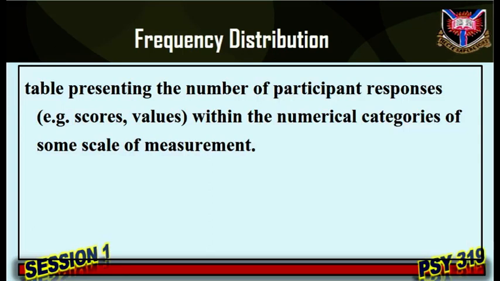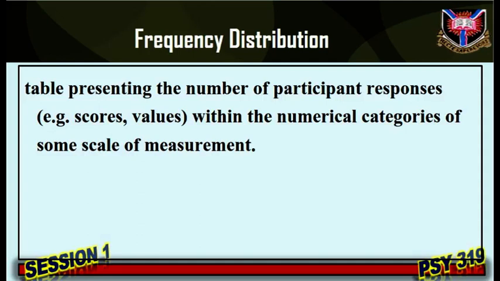Frequency distribution. Once the data from a research are collected and coded, that is, converted to numbers for analysis, they must be organized before they can be examined or presented to others. The best procedure for beginning the process of organizing and summarizing these numbers is to construct a frequency distribution.